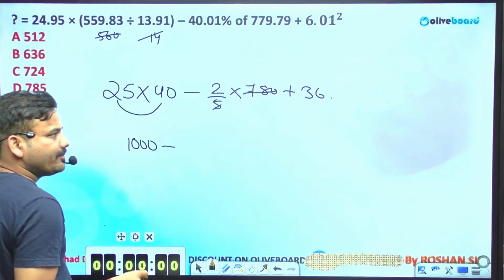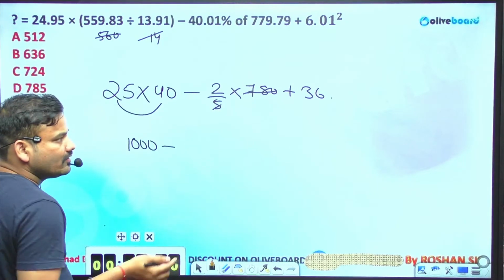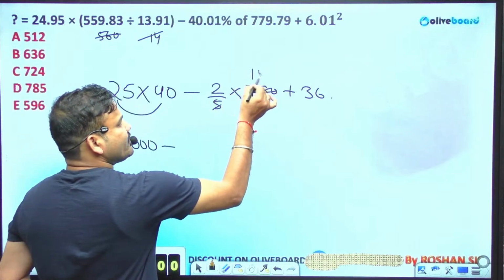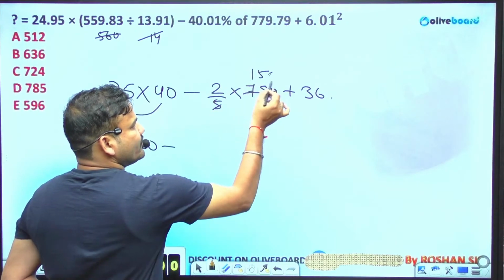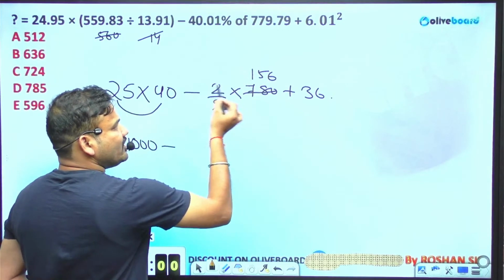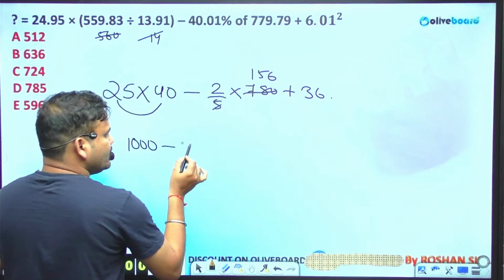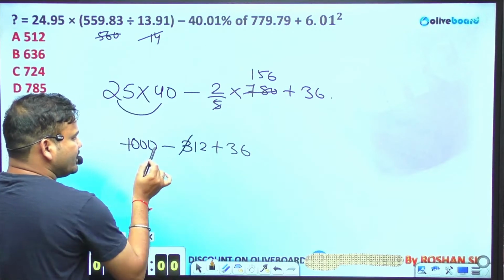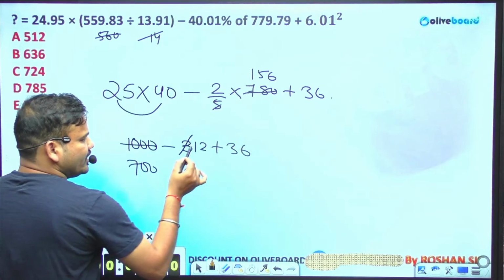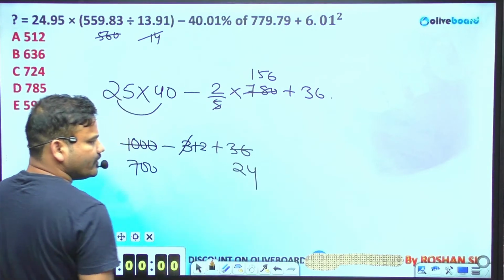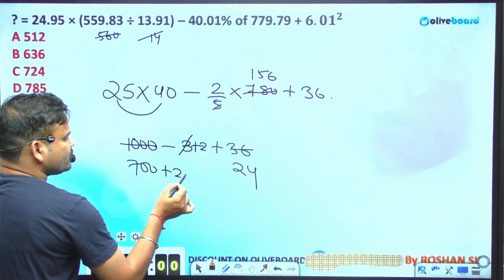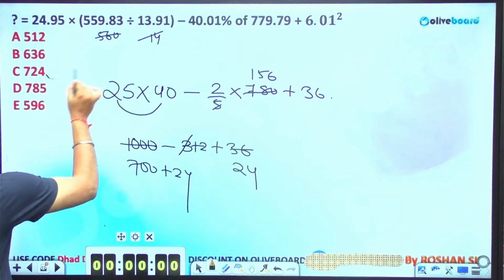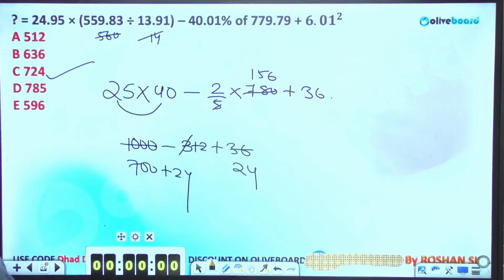Any number when multiplied and divided by 5 should be doubled, or you can also do 15 times 5, which is 75. So 156 times. So 150 into 2 is 300 and 12. 312 plus 36. Say this 300 will be eliminated, 700 will be over here, and 12 will be eliminated, so 24 will be over here. So 724. So 724 is your result. That is option number C.